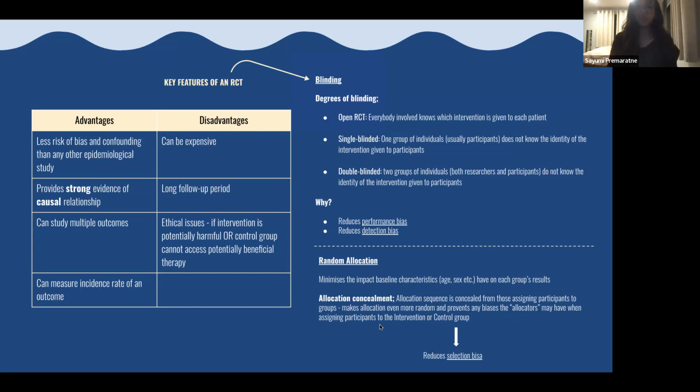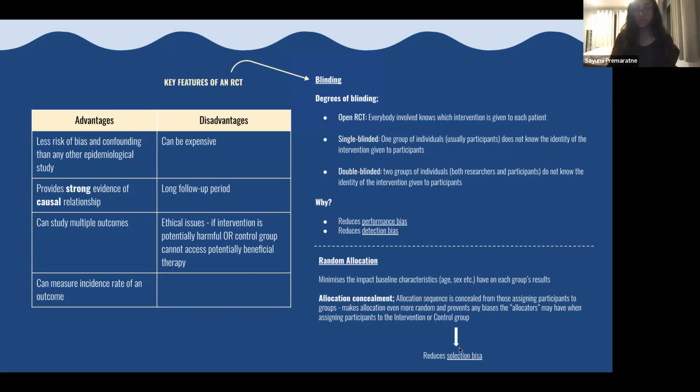So this is important. If a participant seems a bit more sick, or has certain characteristics that the researcher attributes to them, they might be more or less likely to put them in the intervention or control group, depending on which way favors them more. So if we just eliminate that from happening, it'll reduce selection bias.